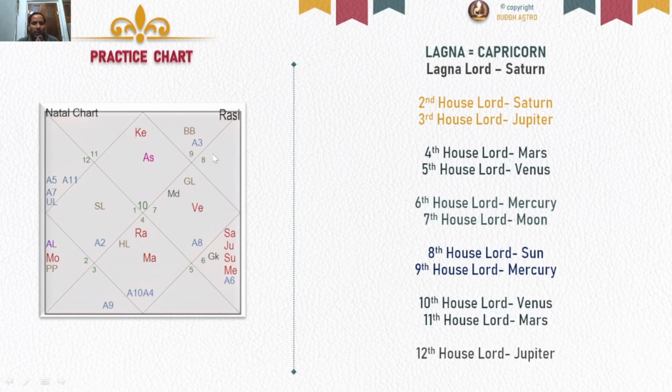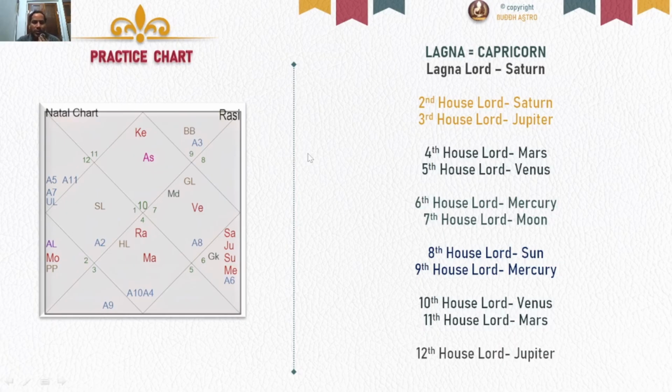So I will say that in this Capricorn Lagna, the fourth house ruler and 11th house ruler is Mars. Right? This is the 12th house. Nine number is written, meaning Sagittarius sign or Dhanu Rashi. And 12 number is written in the third house. So I will say Jupiter is the ruler of the third house and 12th house in this horoscope.